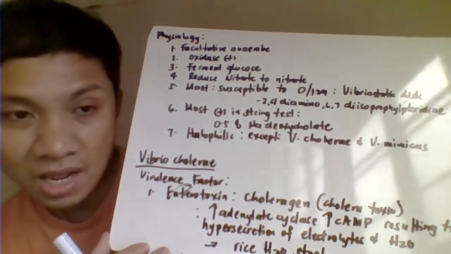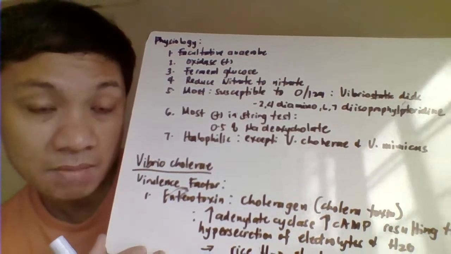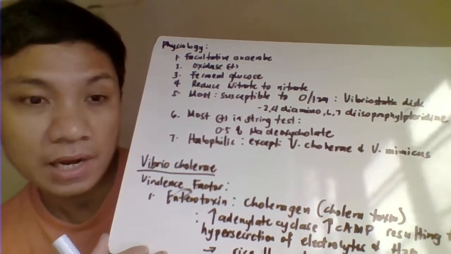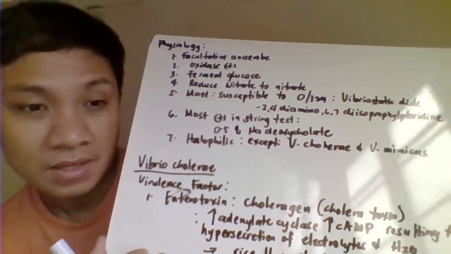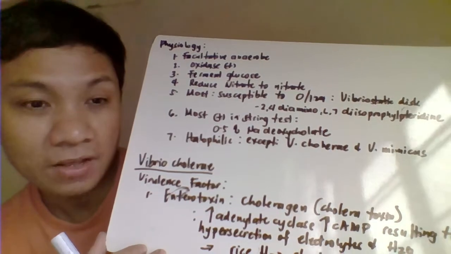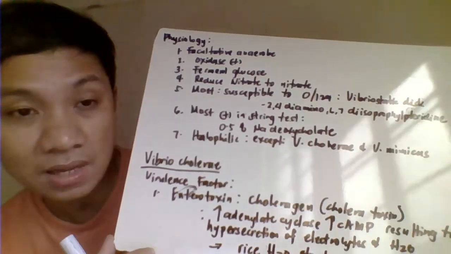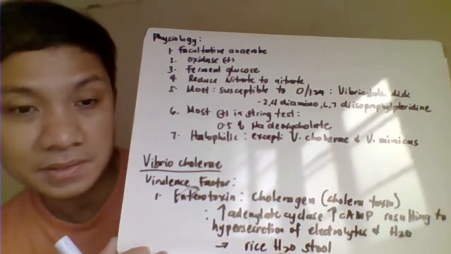This toxin increases the enzyme adenylate cyclase, increasing cyclic AMP. That results in hypersecretion of electrolytes, sodium, potassium, chloride, bicarbonate, and water. Therefore, we get profuse watery diarrhea, which has a characteristic rice water stool.